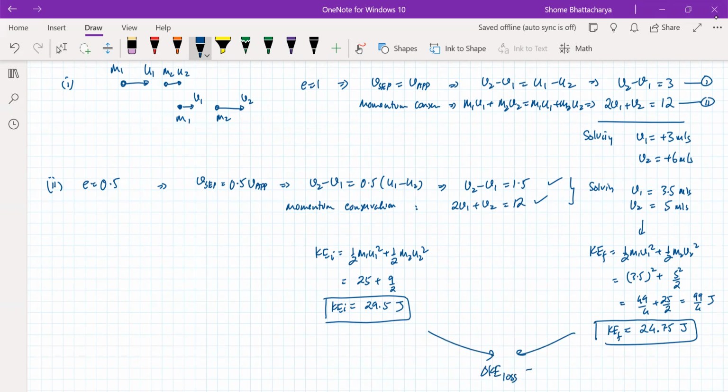Since we are writing it as a loss, we will write it as initial minus final. So you can see that there is a loss of 29.5 minus 4.75. So that is how much now?